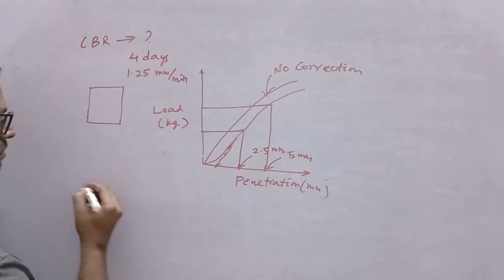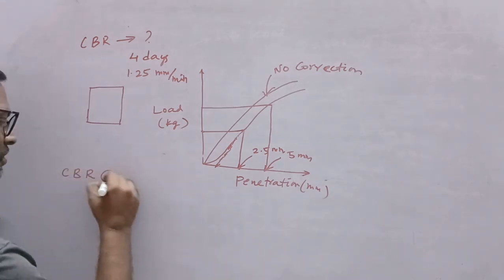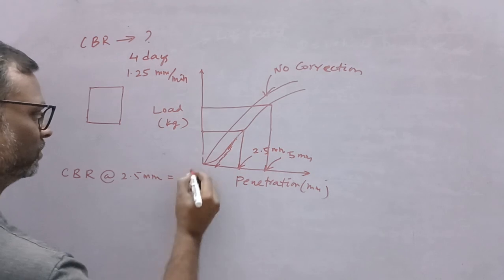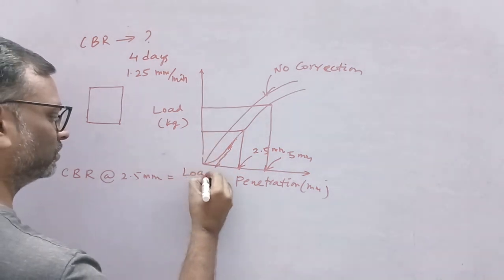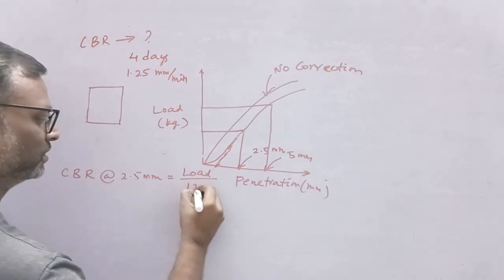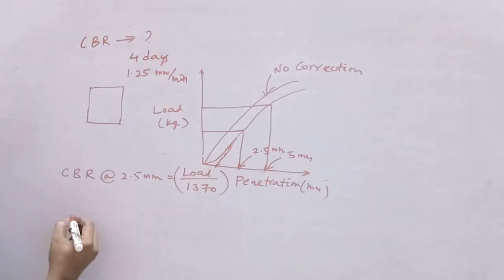Now you calculate California bearing ratio values. At 2.5 mm penetration, CBR is equal to the load corresponding to 2.5 mm divided by the standard load. Standard load is 1370 kg for 2.5 mm.